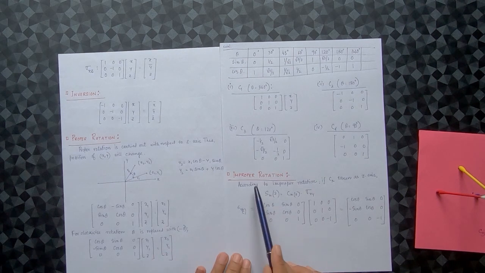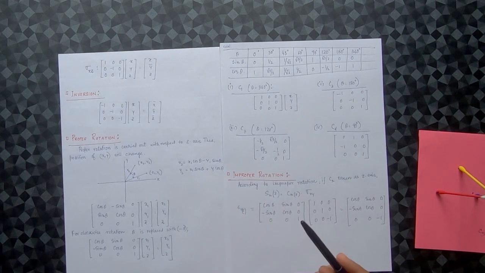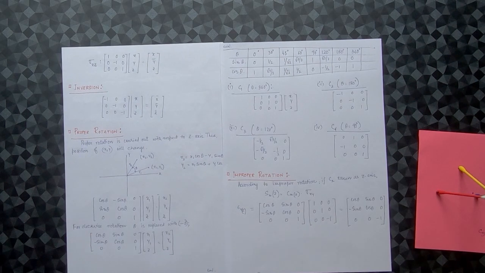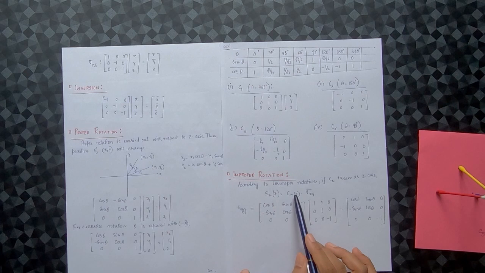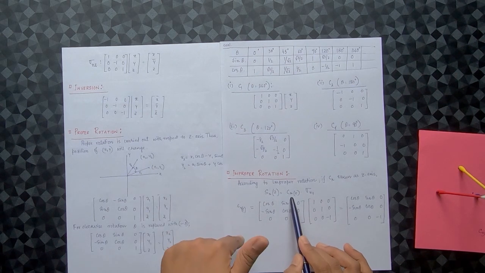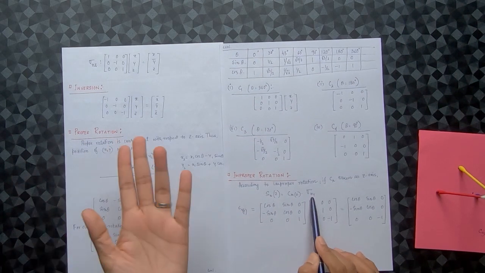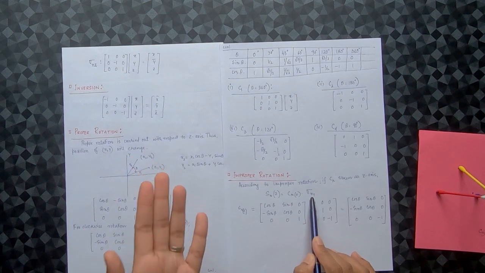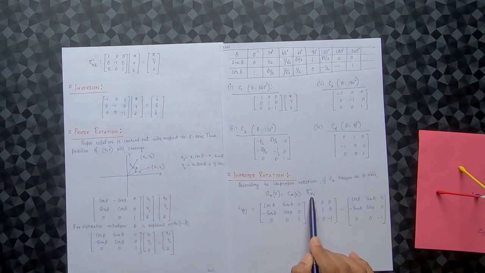Now the improper axis of rotation, or improper rotation, denoted by Sn. We have already understood that an improper axis of rotation is carried out by two operations: a proper axis of rotation followed by a plane of symmetry, and the plane should be perpendicular to the proper axis.